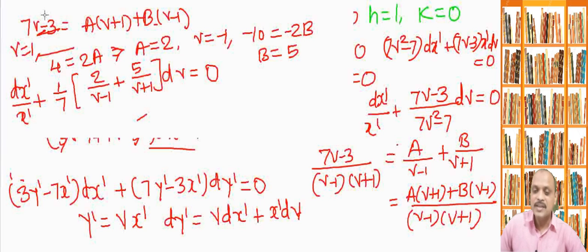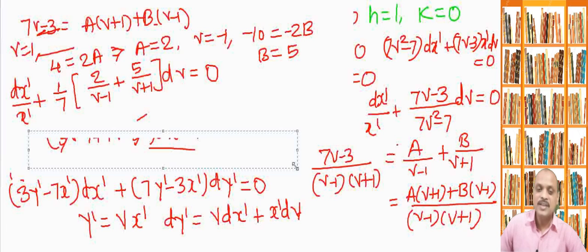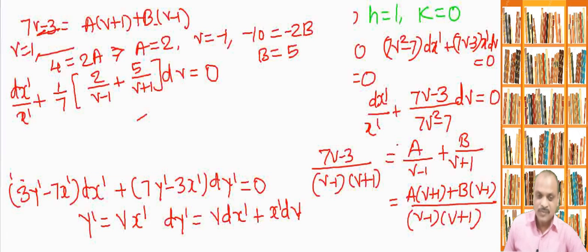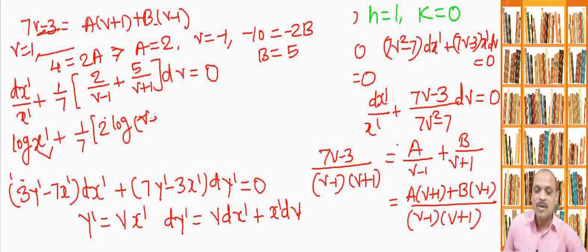Let us integrate this. Integration of this is log of x' plus 1/7 into 2 log of (v − 1) plus 5 log of (v + 1), and this is equal to log of C.